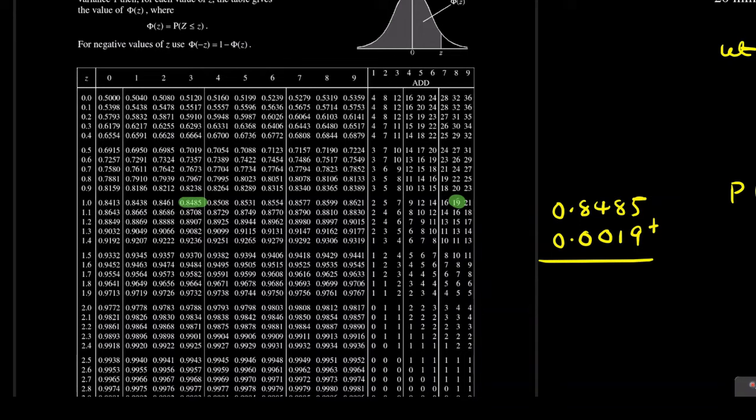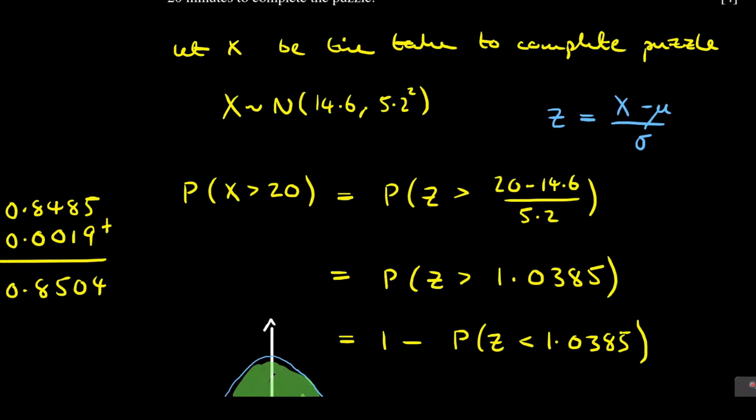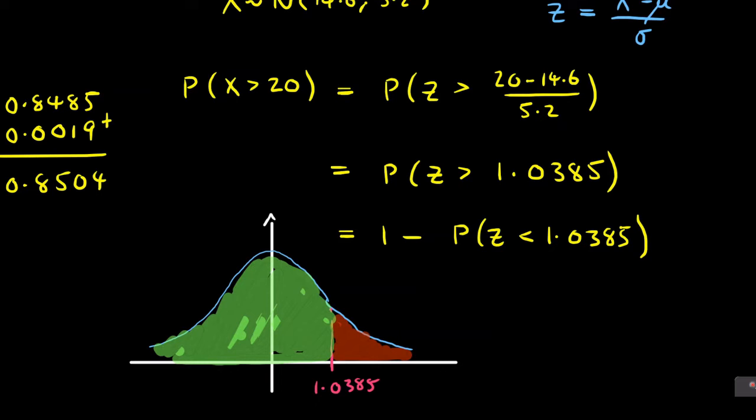And what I get is 0.8504. So what I need to calculate is 1 minus 0.8504, and 1 minus that is going to be 0.1496. That's the probability that a student takes more than 20 minutes to complete the test.